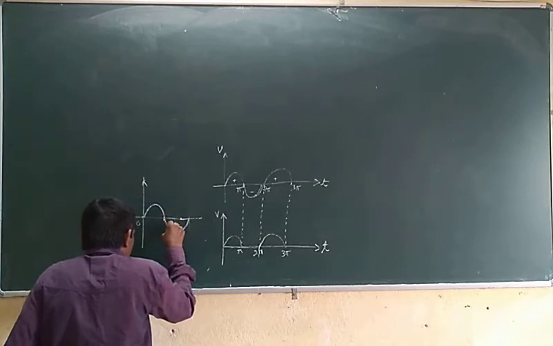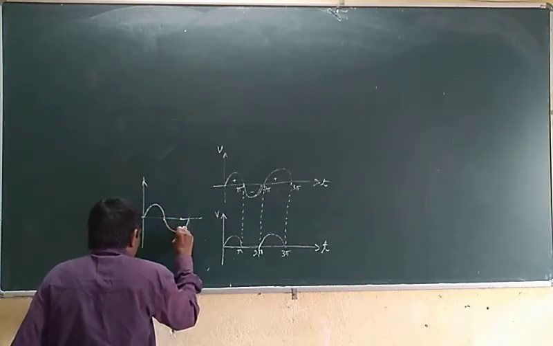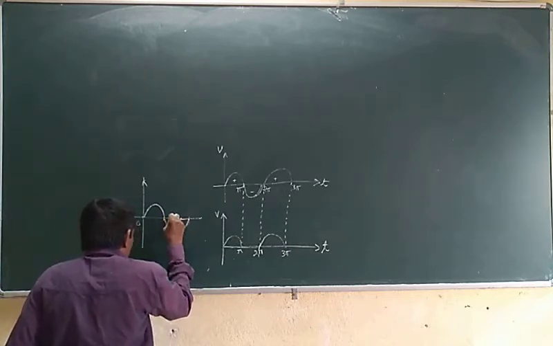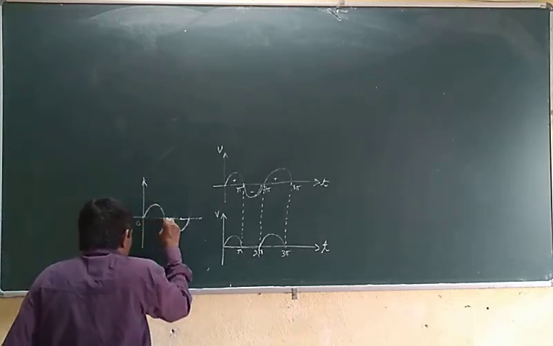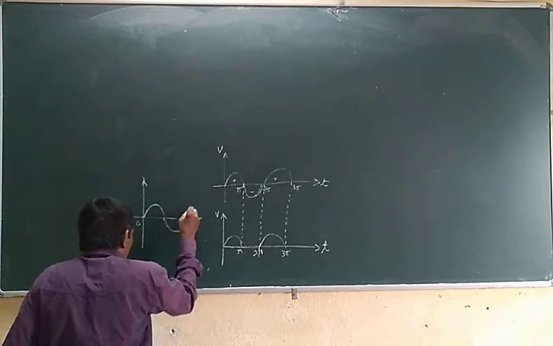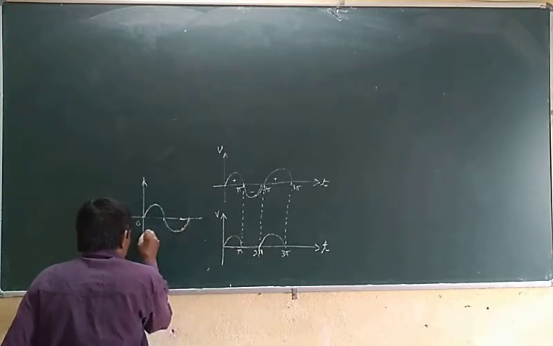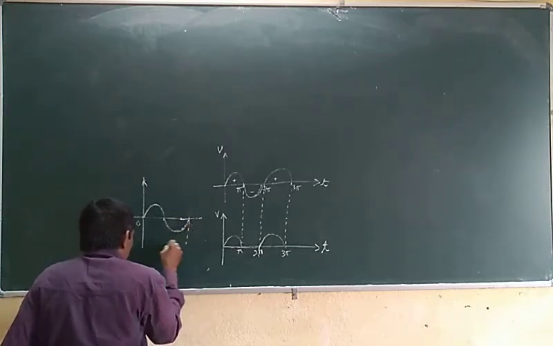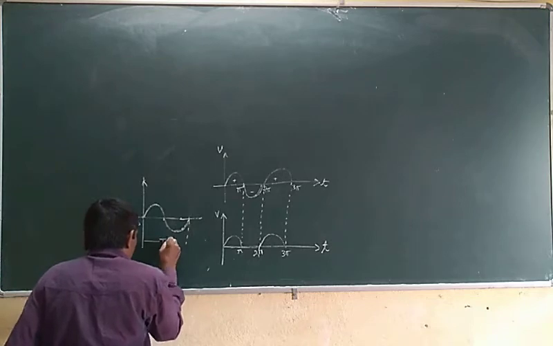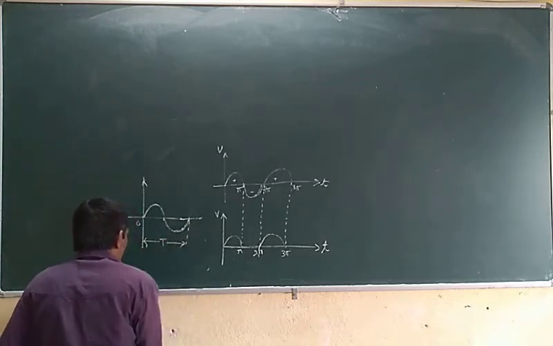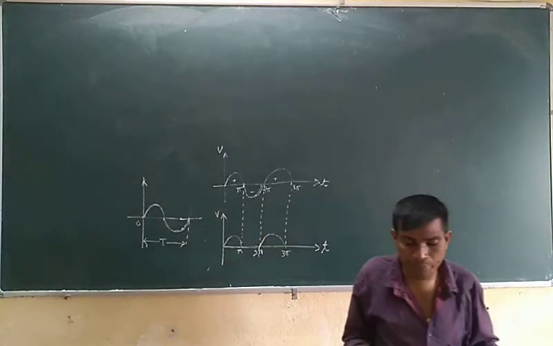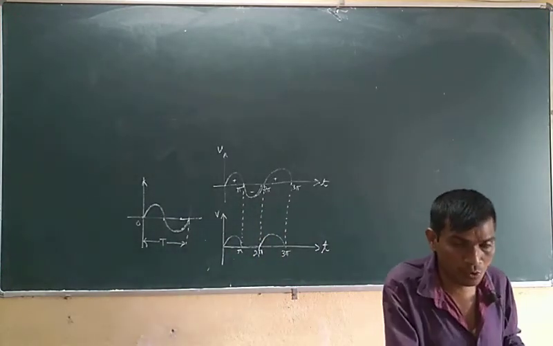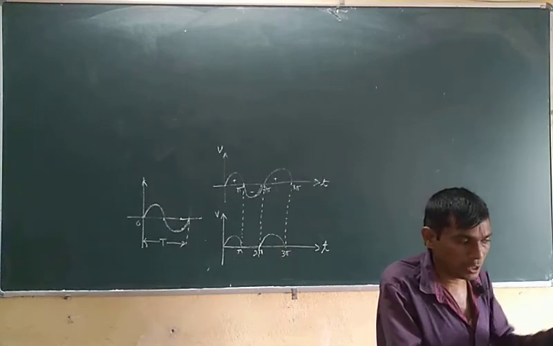Then it moves in the negative direction and reaches the axis, that is the other half cycle. This half cycle and that half cycle make the full cycle. This time is known as the time period. When a signal completes a time period, it is also known as a cycle of the signal.